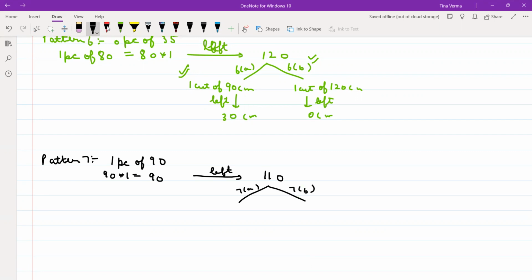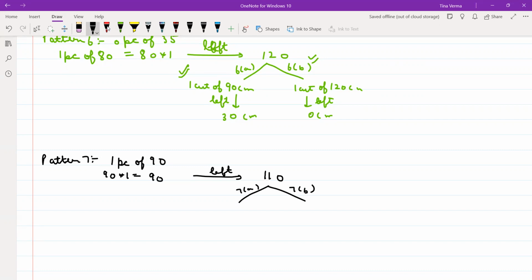So from here, you have already discussed that when you make 2 rows of 180, you will come to the previous case, right? 110.